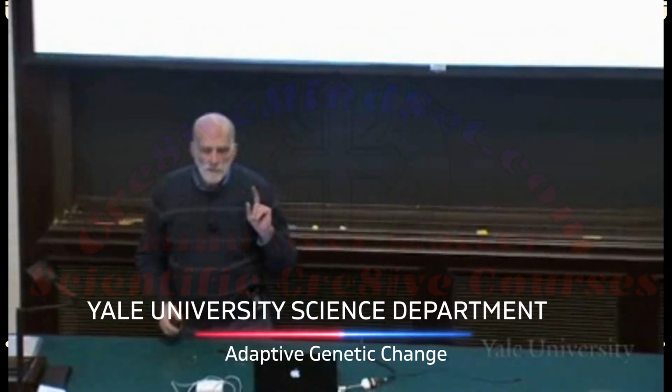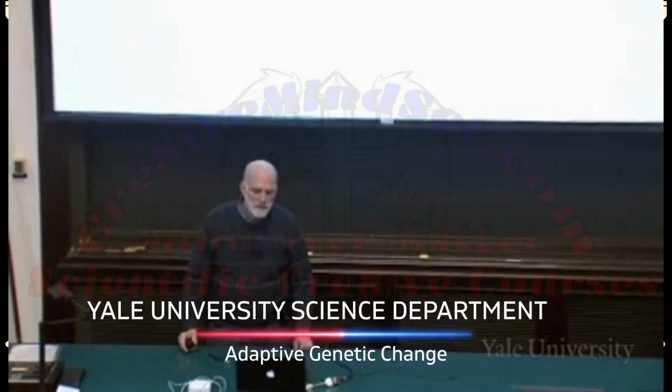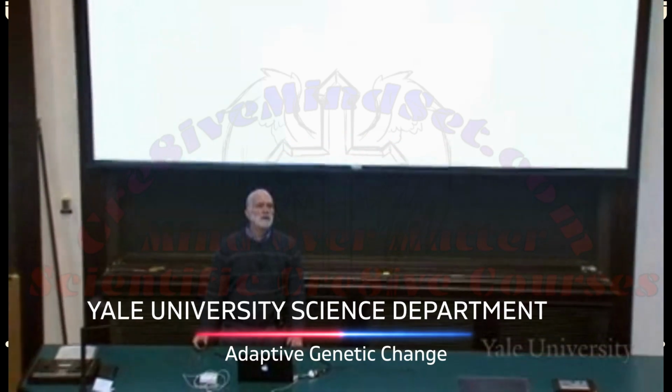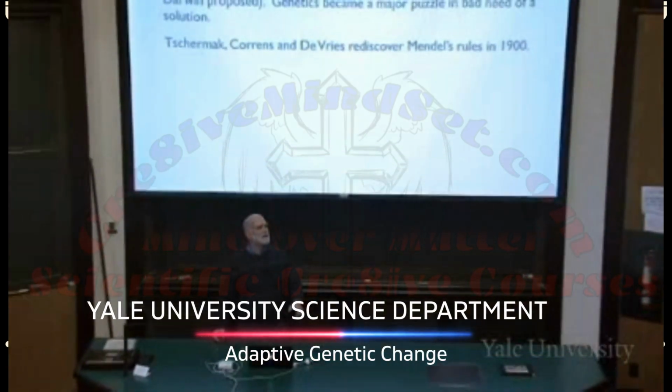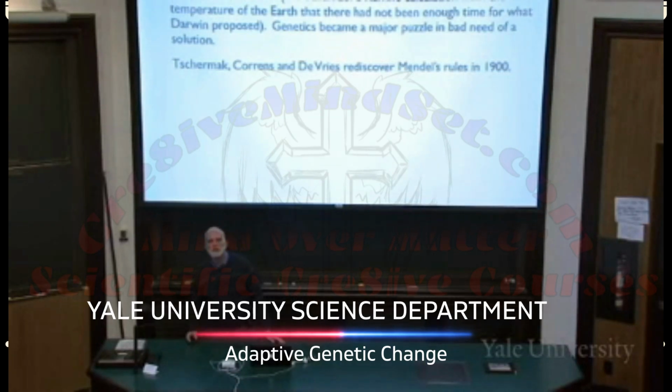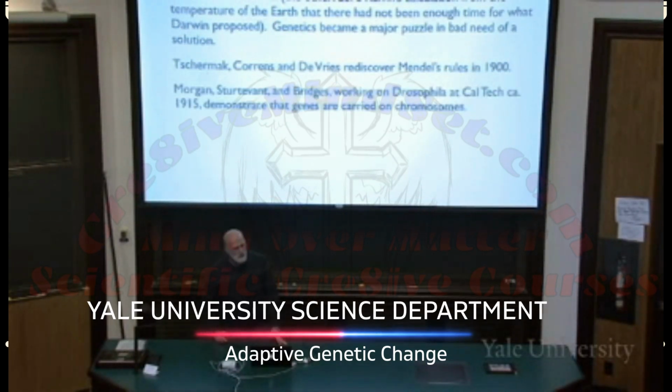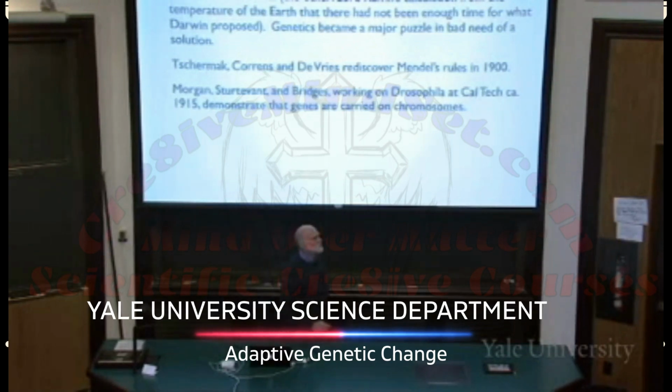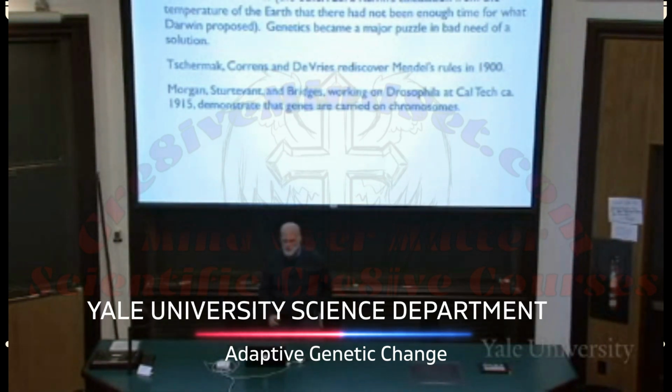In the year 1900, there was a simultaneous rediscovery of Mendel's laws. And at that point, people went back and read Mendel's paper and realized that they had missed this 35 years earlier. Then the so-called Fly group of Thomas Hunt Morgan, Sturtevant, and Bridges, who were working at Caltech, demonstrated that genes are carried on chromosomes.